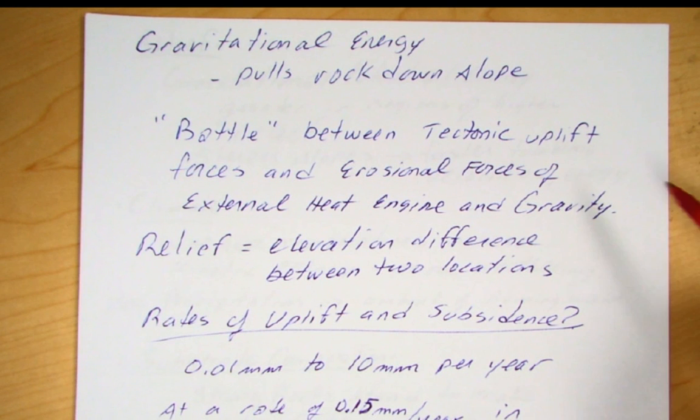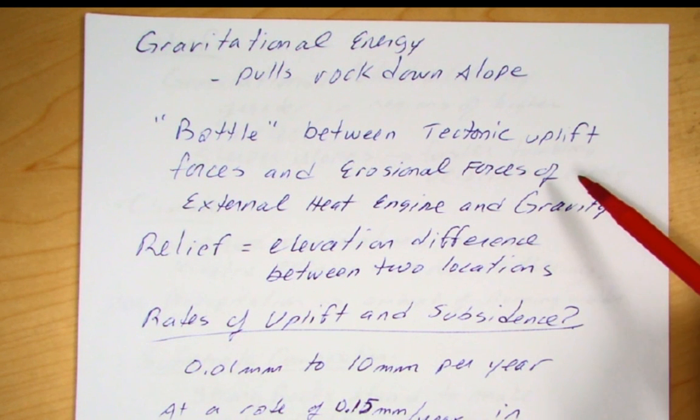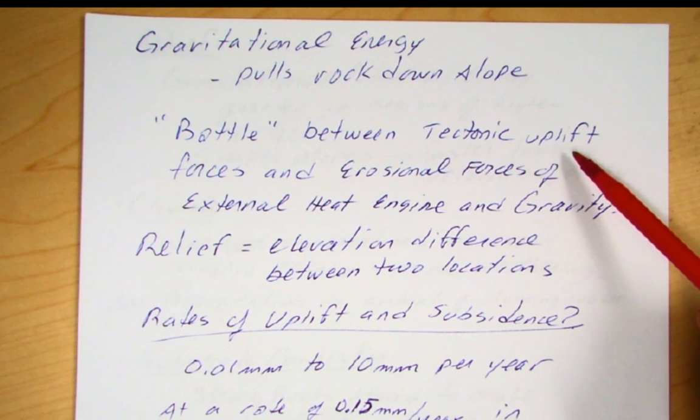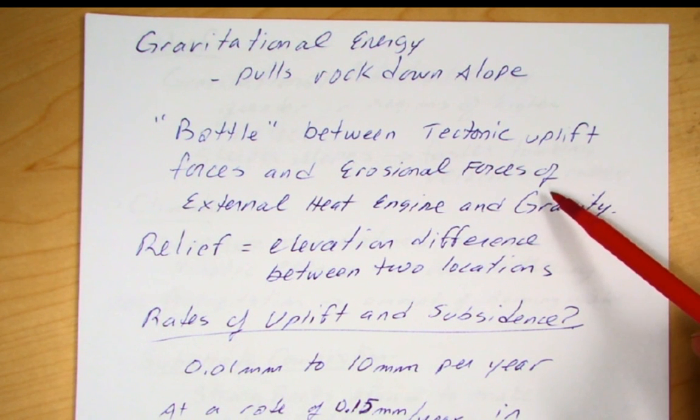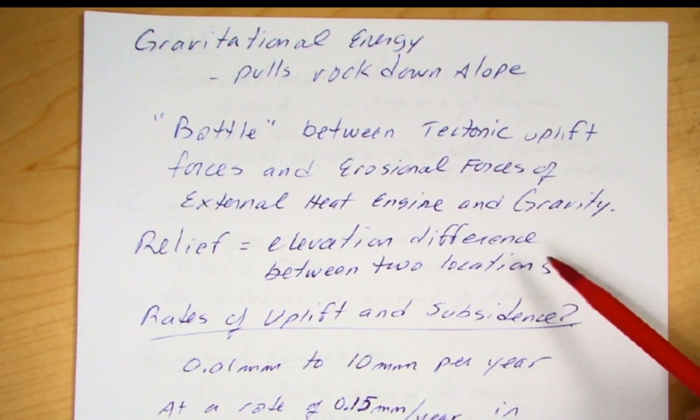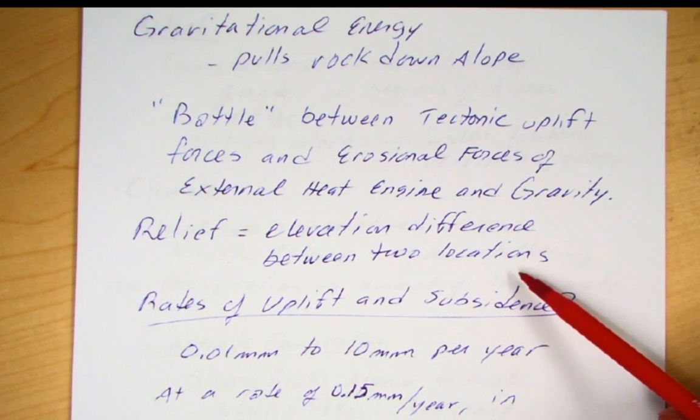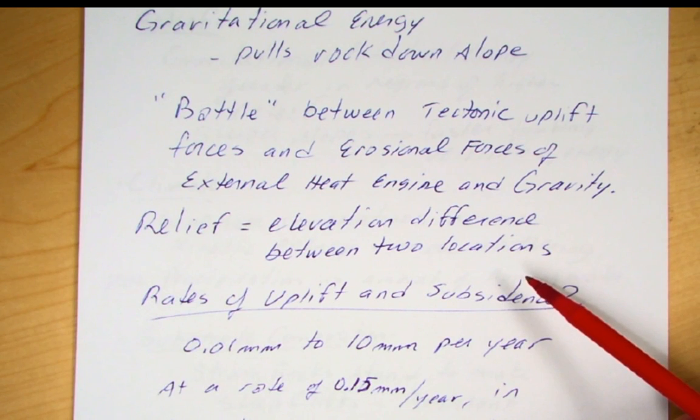And your book mentions that it is a battle between the tectonic uplift forces, which are those due to the internal heat engine, versus the forces of gravity and the external heat engine, which are causing erosion, weathering, right? And then the difference in elevation between two points is called relief. And so if we look at the relief of an area, we want to find the highest point on the map and the lowest point on the map and figure out the difference between those two.